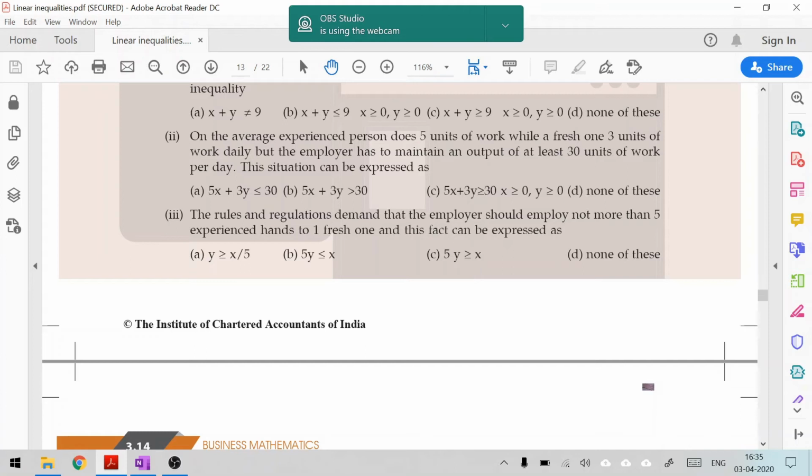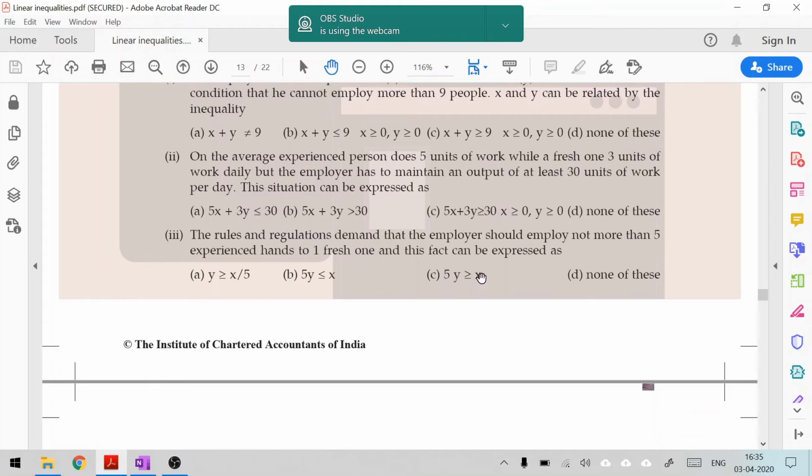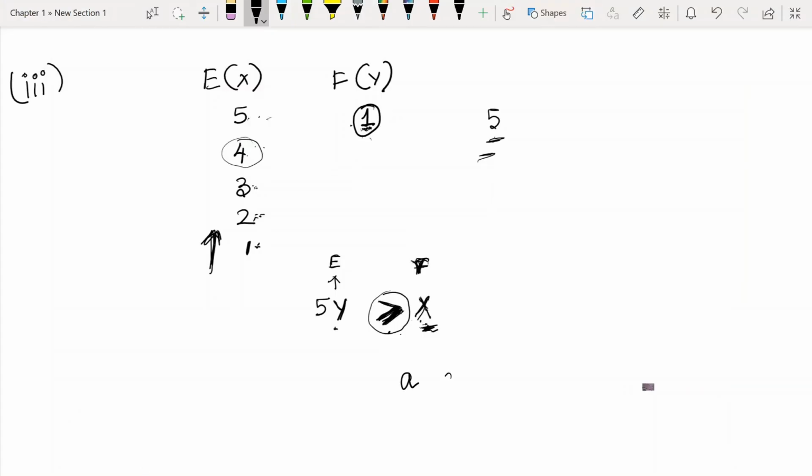However, in this question, they have brought the 5 to the other side also in this option. So this is also correct. Both are correct. So this is one question where option A or C both are correct. In your textbook, the options are given like that. However, in the examination, they never give you questions where two options will be correct. Normally, they give you only one correct option.